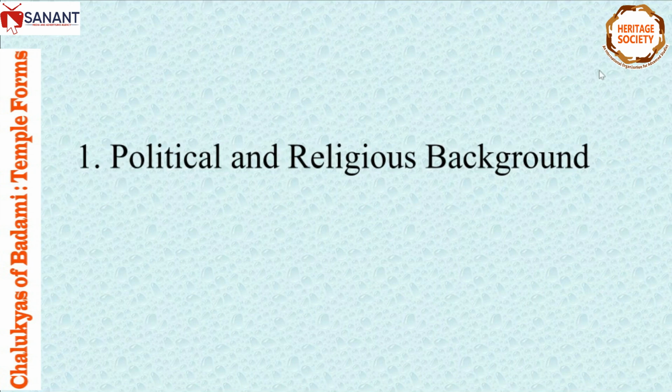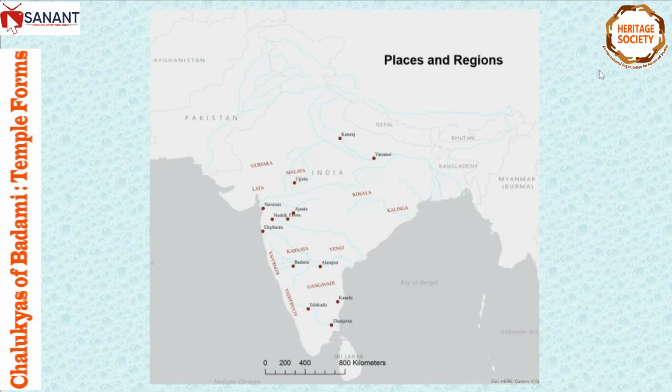To understand these temple forms, first of all, we have to take note of the political and religious background for these temples. Now, look at this map in which I have dotted the regions as well as places of importance. All these regions are important for understanding the architecture of the Deccan during the 6th to 8th centuries.